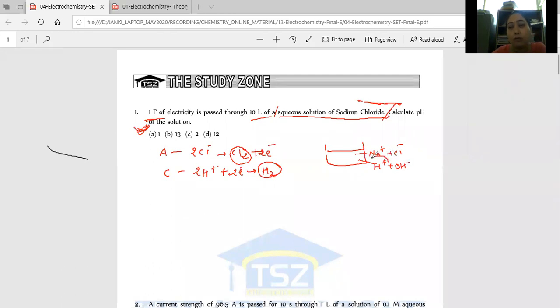Whatever the number of equivalents of H plus used, that is, converted to hydrogen produced, the same number of equivalents of OH minus will remain in excess in the solution.